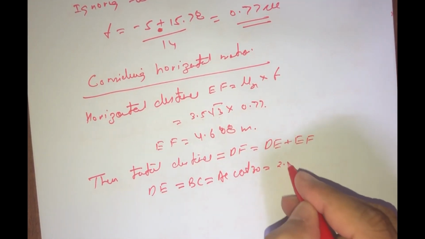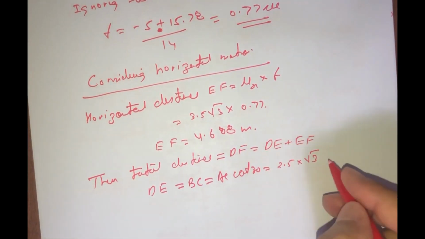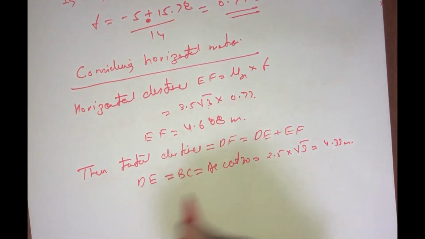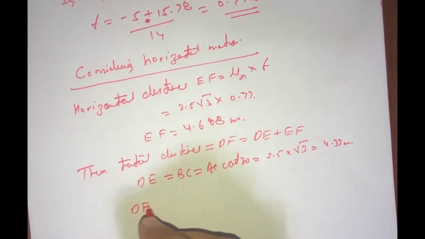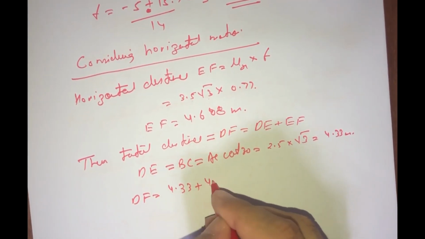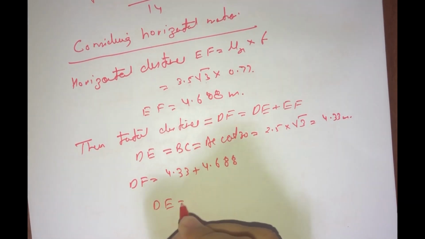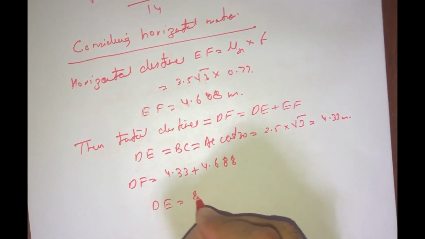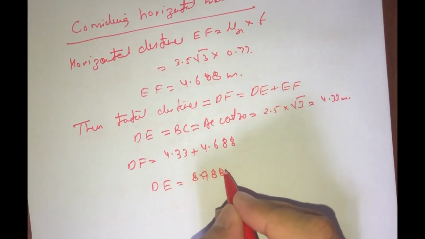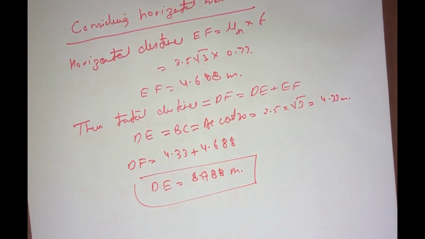AC is 2.5, cot of 30 is square root 3. This is 4.33 meters. So we can say that DF is equal to 4.33 plus 4.688, and the total distance is coming as 8.988 meters. Thank you.